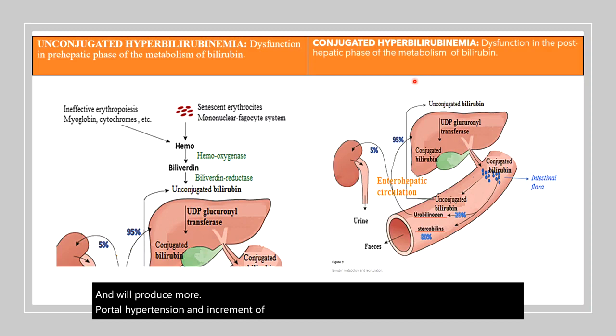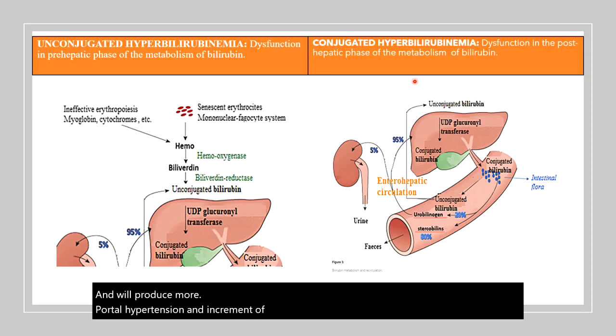The pre-hepatic phase is when the heme group, coming from the dying of the erythrocytes from the mononuclear phagocyte system, is digested. Erythrocytes are dead, and we're going to have heme and globin from the hemoglobin that will transform into biliverdin.